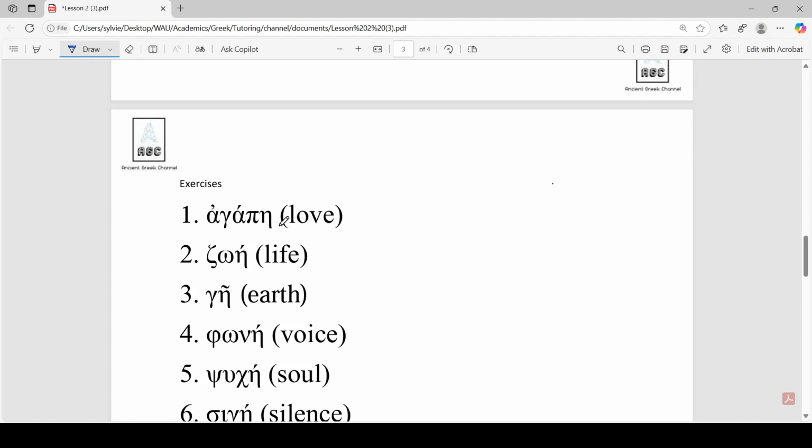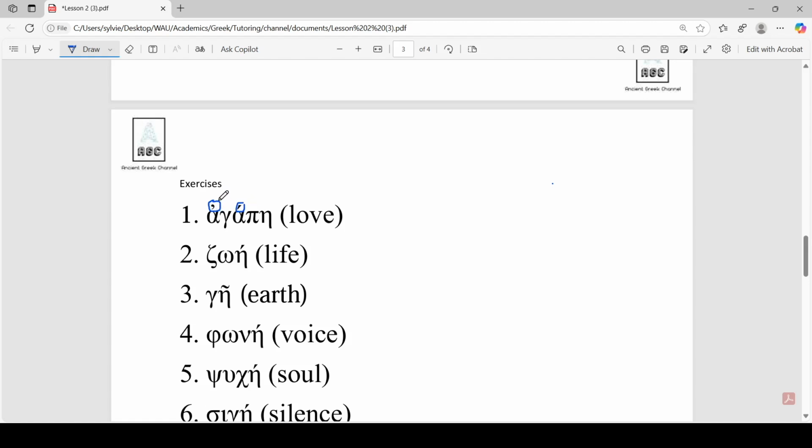This word has, as you can see, how many syllables? This word has 3 syllables. We have a, ga, pe. We have here a breathing mark and an accent.